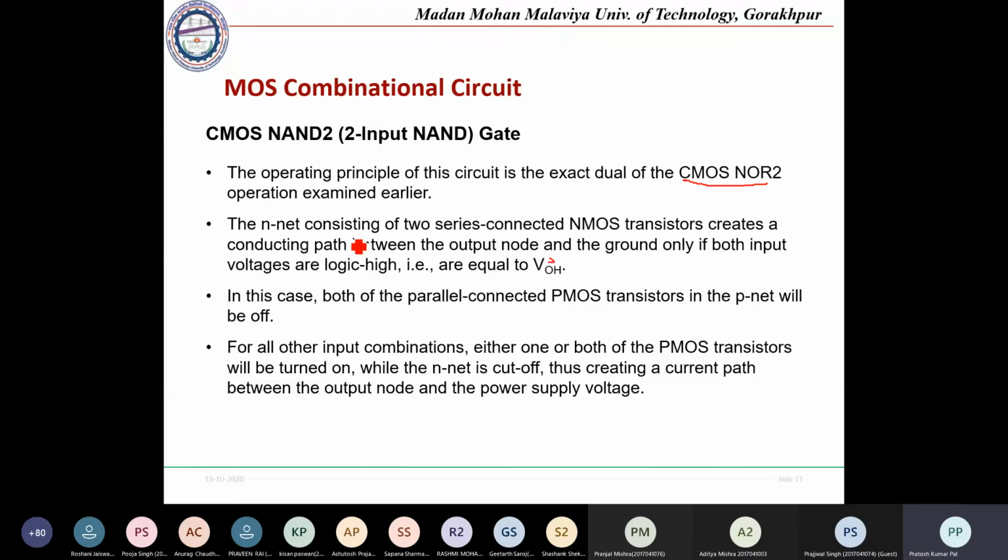The N net, consisting of two series connected NMOS transistors, creates a conducting path between the output node and the ground only if both inputs are high, with respect to the truth table. In this case, both the parallel connected PMOS transistors in the P net will be off. This is the basic operation that we can analyze.